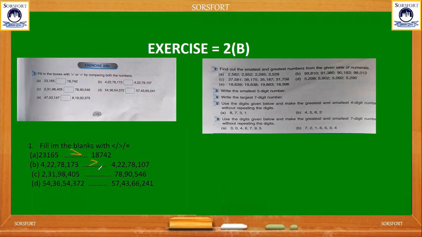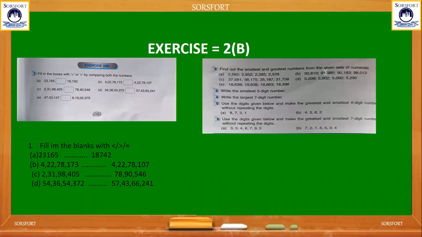Come to the next, obviously it is visible. The number of digits shows which is bigger and which is smaller. In the next, see, 54 here and 57 here. So obviously the answer is clear. Is it okay? Yes. Now come to the next part.